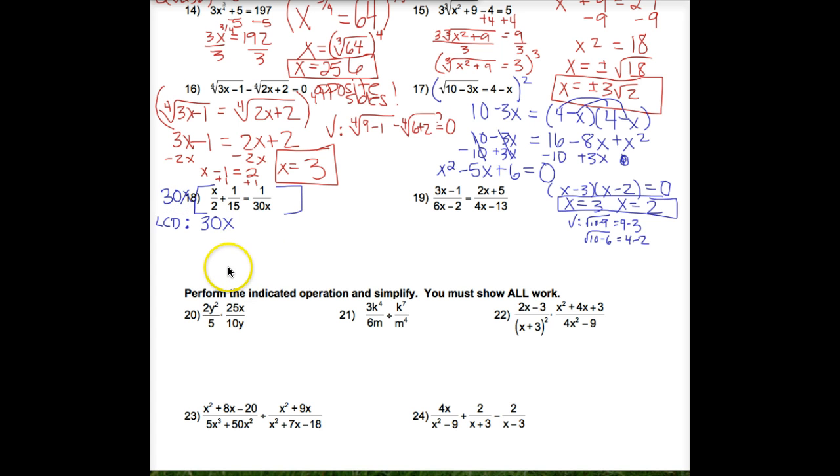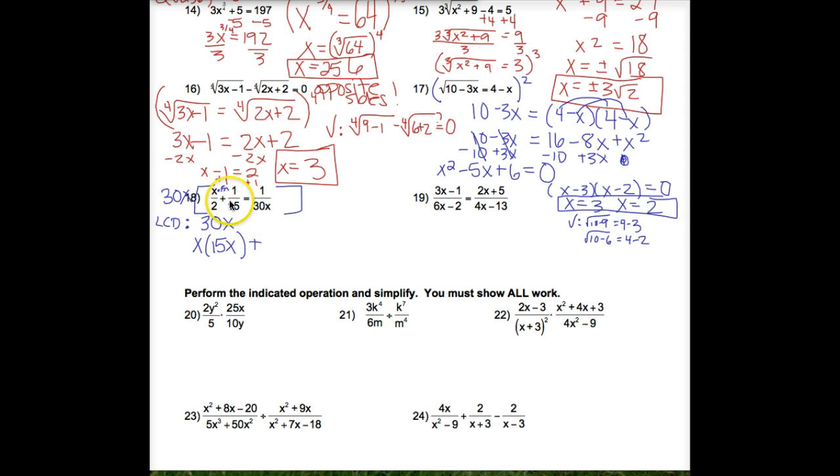When I do that, again, all you're doing with each piece is asking yourself, what would I have to multiply this 2 by to get 30x? And hopefully the answer is 15x. So you're going to take that x that you had originally and multiply it times 15x. And I don't have a lot of room here, so I'm going to write it down here. Then I move on to the next piece. Ask yourself the same question.